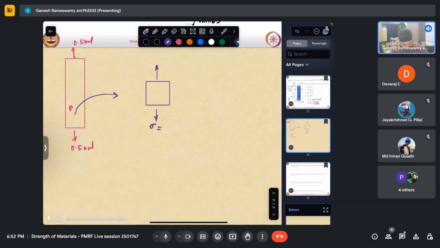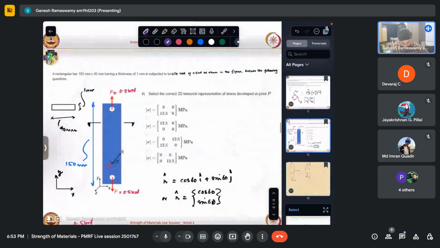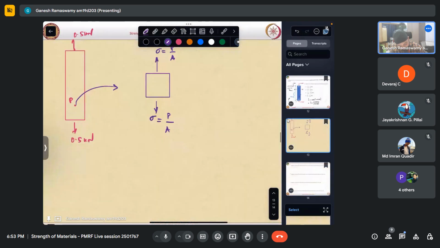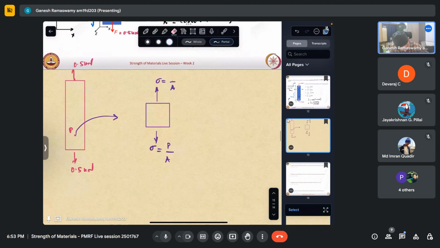And what is the value of that stress? This is nothing but P by A, where P is the load applied, sorry, F by A, let us say. So this is the actual state of stress at that point.